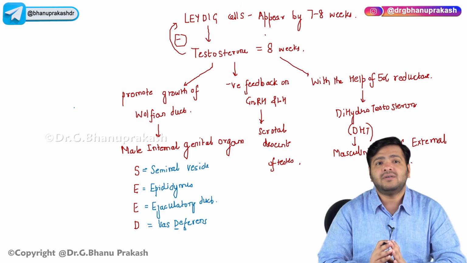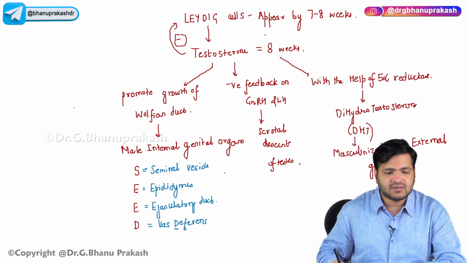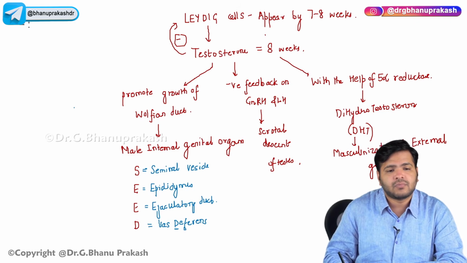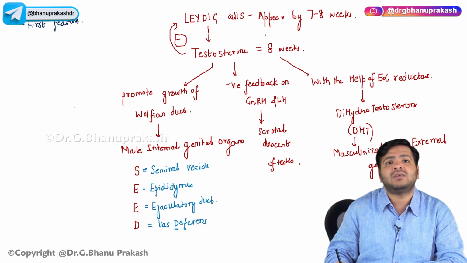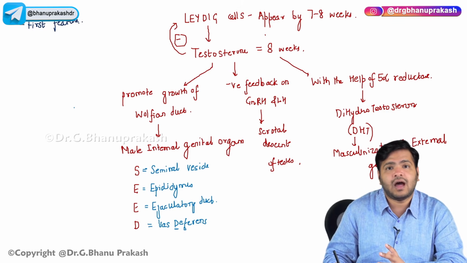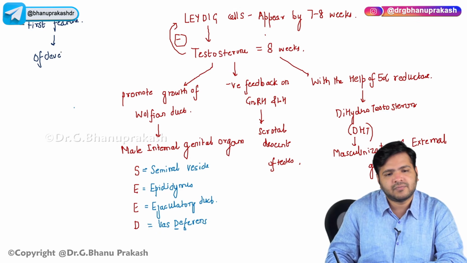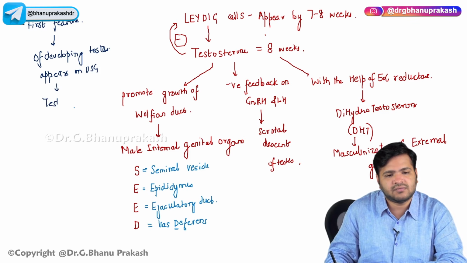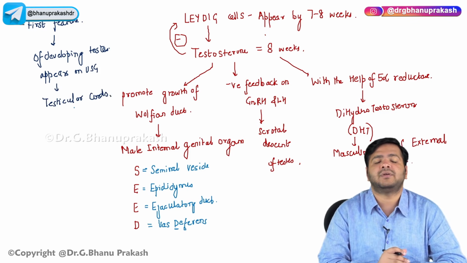Now, one question that I have to discuss over here: the first feature of the developing testis that appears on ultrasound is the testicular cords, which appear by 6 weeks, right.